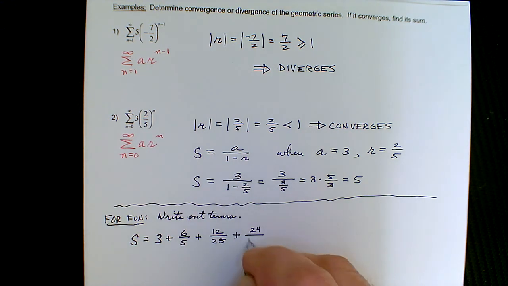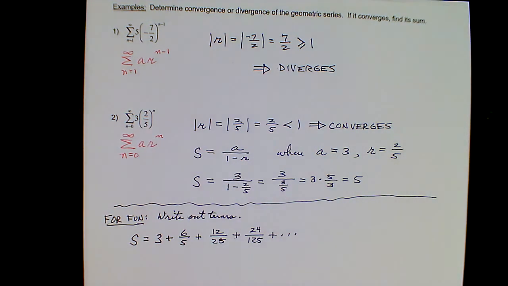And if you just add those up, it's kind of amazing what happens. Let me just add them here real quick: 3 plus 6 fifths plus 12 over 25 plus 24 over 125. These, just the first four terms added together, give 4.872.